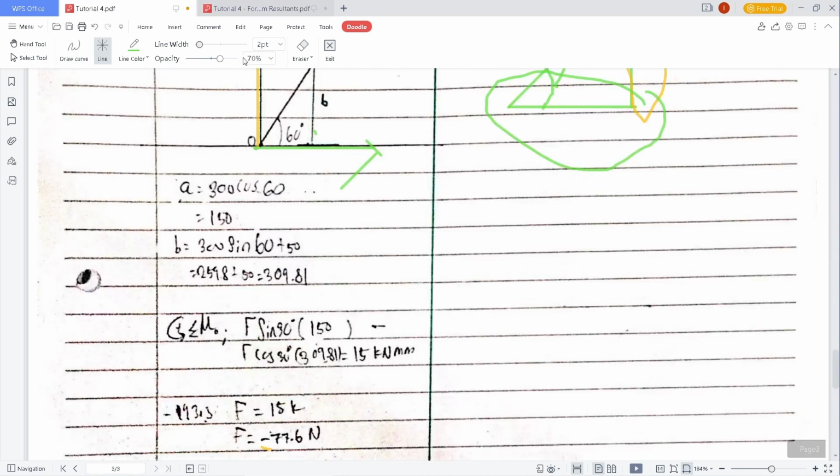So you get approximately 309.81 millimeter. Because 300 is in millimeter, the final value will be in millimeter.